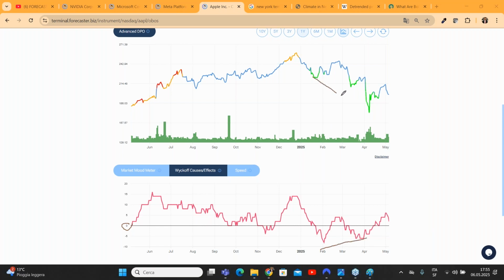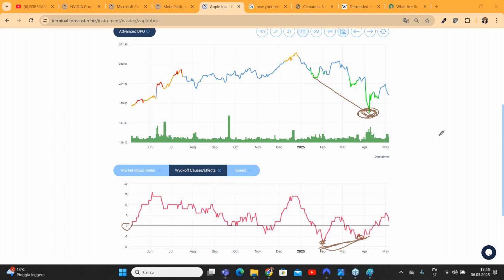So for example, look, here we have a very big divergence between prices and indicator, because even if prices went down a lot, the number of buyers increases, okay? Look, here we have a very important low. Here we have another low which is higher than the previous one, even if prices went down a lot, okay?